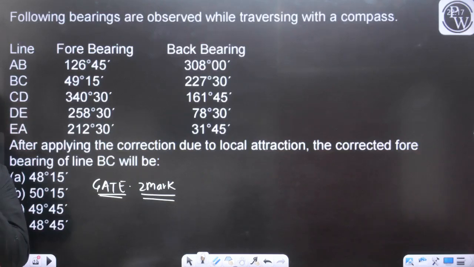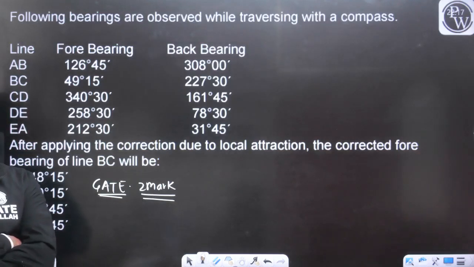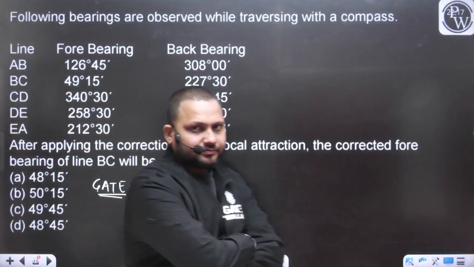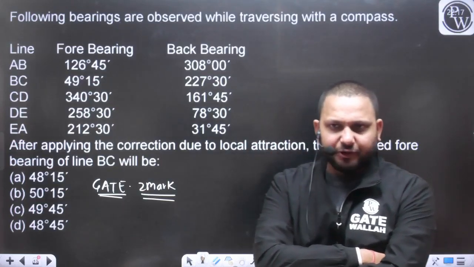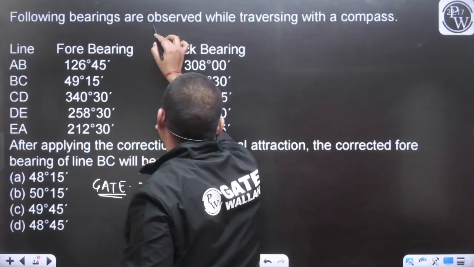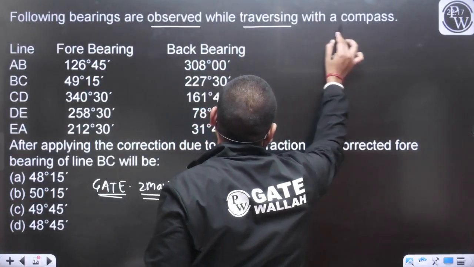So first try to understand this question. What have they asked? Read the question carefully. Following bearings are observed while traversing with a compass.